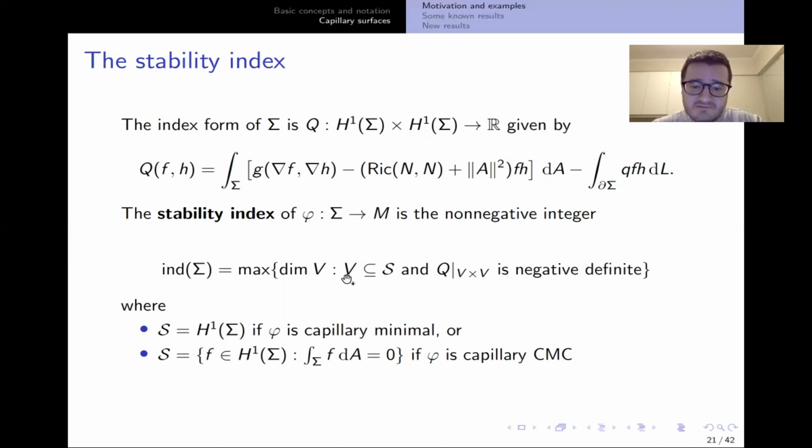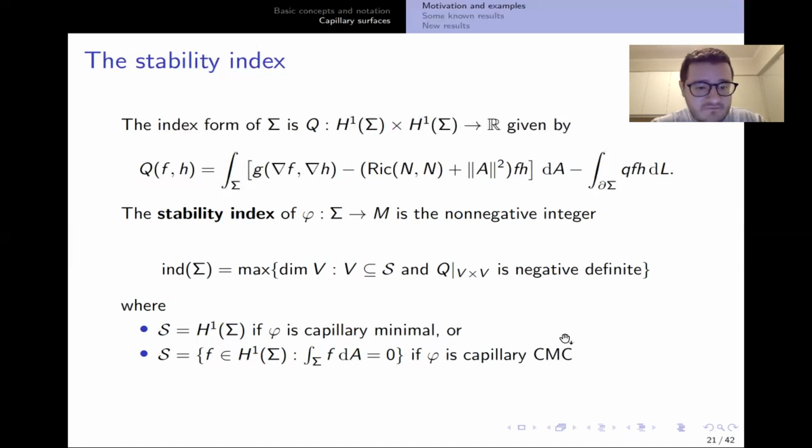And it should be remarked that we have to take care in which vector space we take the linear subspaces. If we're talking about capillary minimal surfaces, then we have to take S in this definition as being the full H1 of sigma. Whereas if we are talking about capillary CMC surfaces, then we have to take S as being those functions in H1 whose mean is 0.